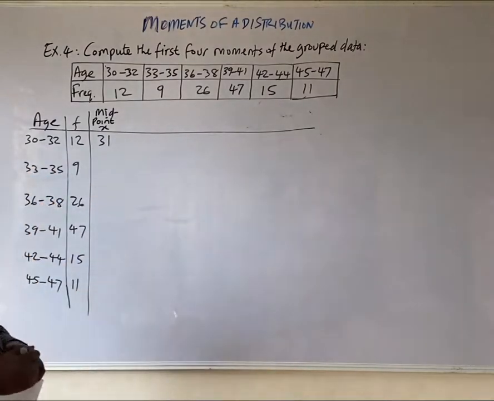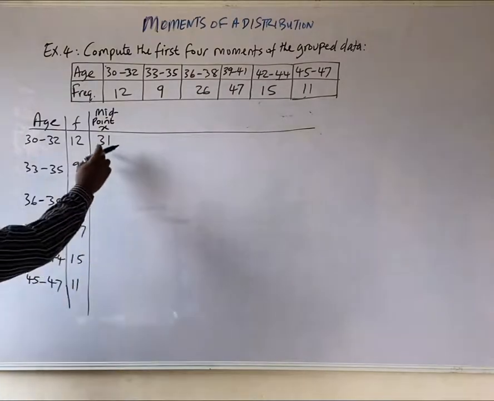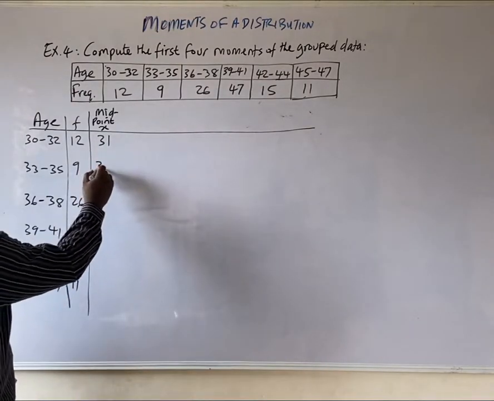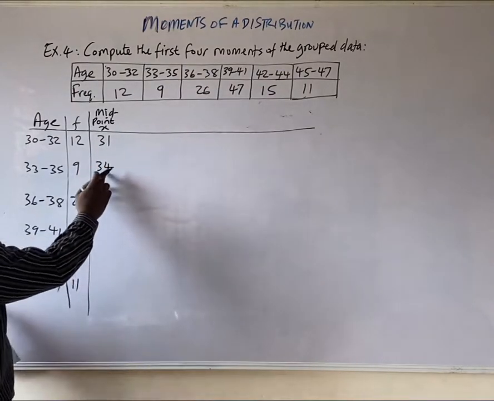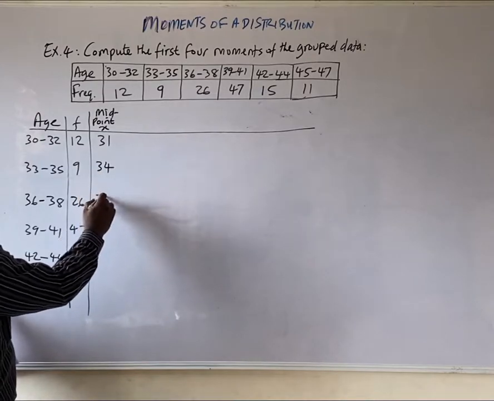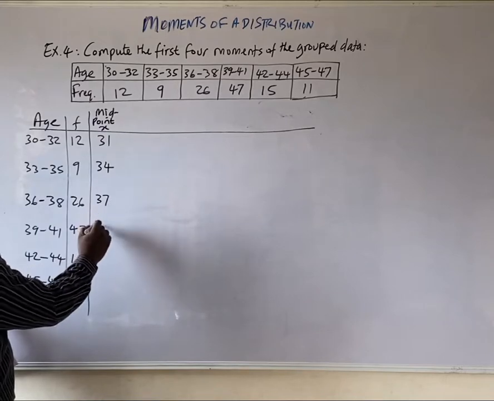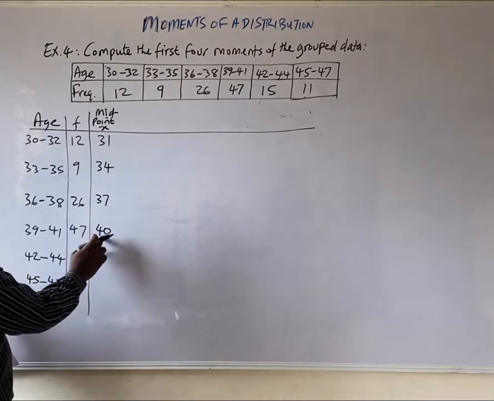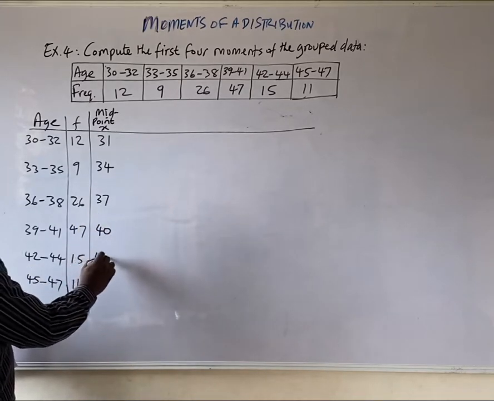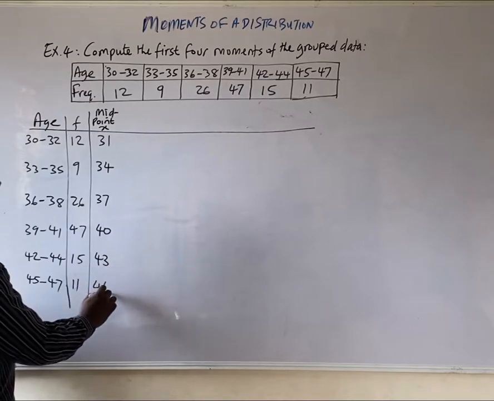So what we do is add 3 to 31, and we have 34. Add 3 again to 34, we have 37. Add 3 to 37, we have 40. 3 to 40, we have 43, and here will be 46.